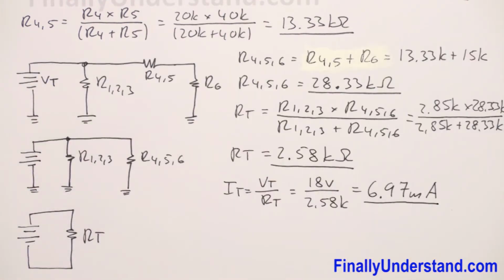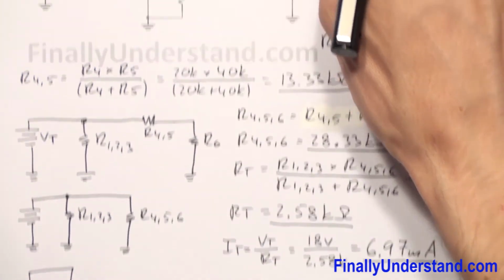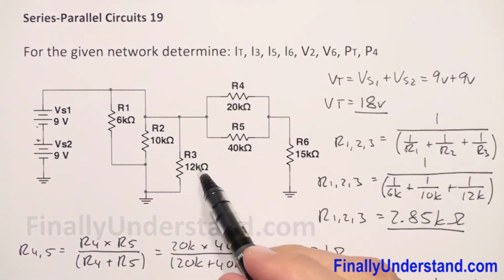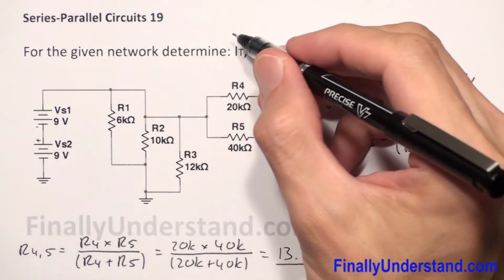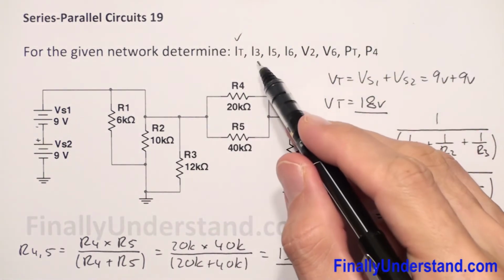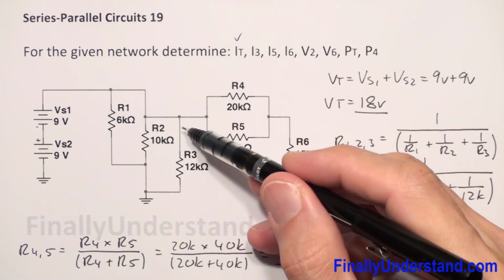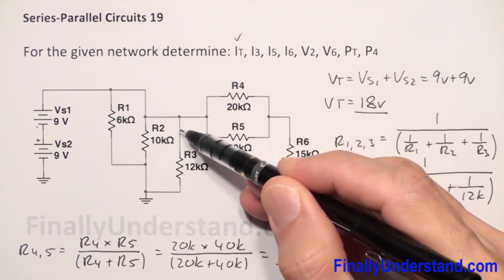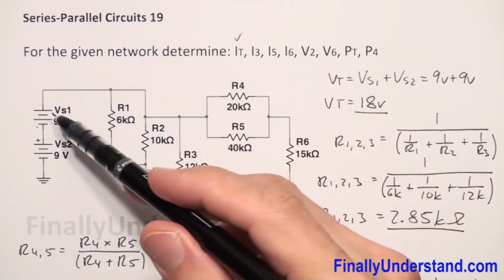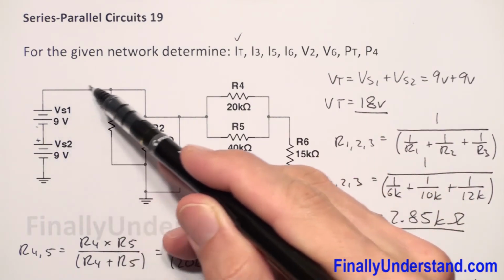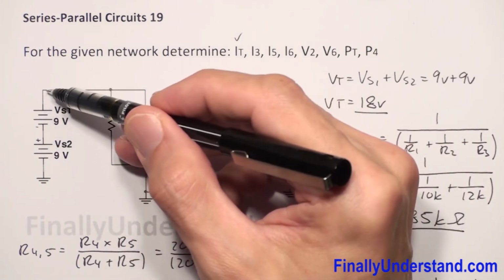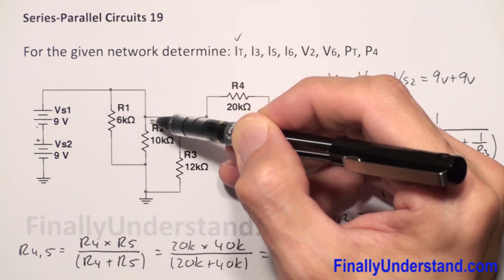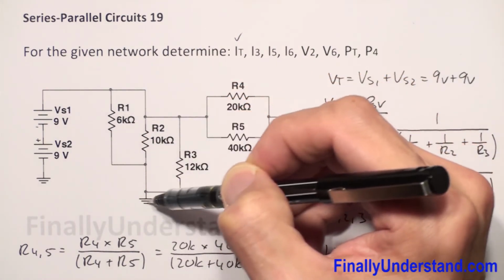Next, I'm supposed to find the current which goes through resistor R3. I'm supposed to find I3. By the way, I found I total already. So for I3, please notice that the resistor R3 is connected across the voltage source, okay? Because this connection goes directly to this resistor and goes to ground, right?